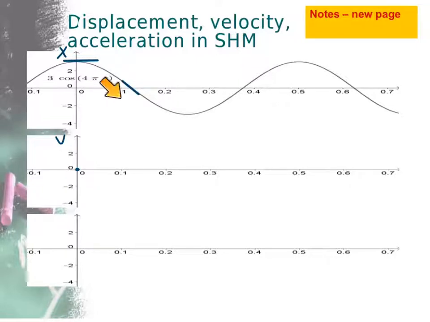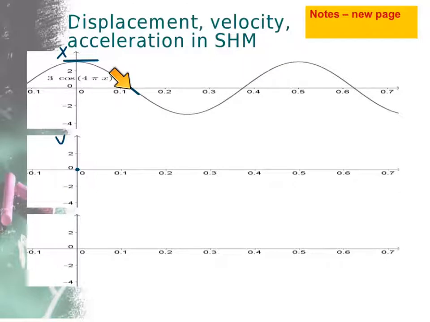When I get to this point right here where my displacement is equal to 0 for the first time, the slope of my graph is going to be a negative number, and it's going to be the most negative number that it's going to get, because after this my slope is going to get less and less negative, and before my slope was less and less negative than it is now.